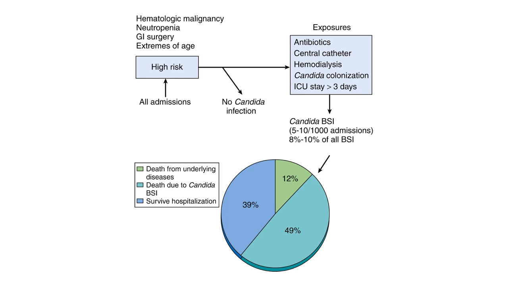As with all other infections, there has to be some sort of dysfunction with immunity so that the colonization of these pathogens can become more prolific and they cause infections. So the high-risk populations would be those that have hematologic malignancy, so cancer of the blood.